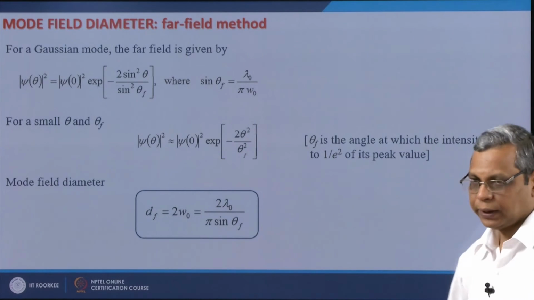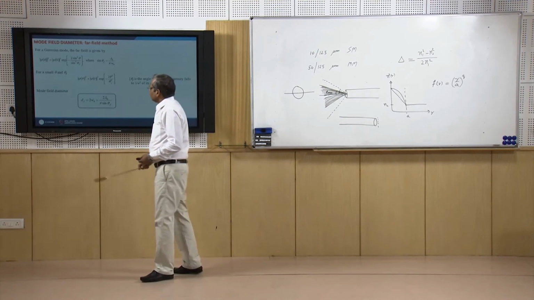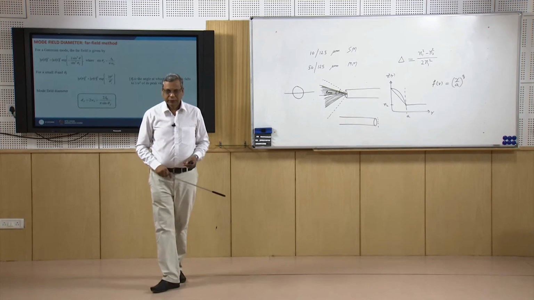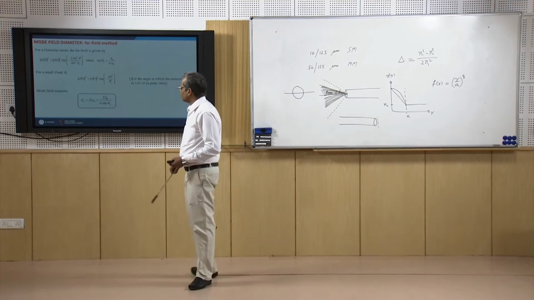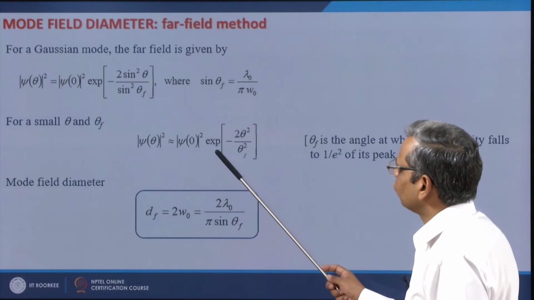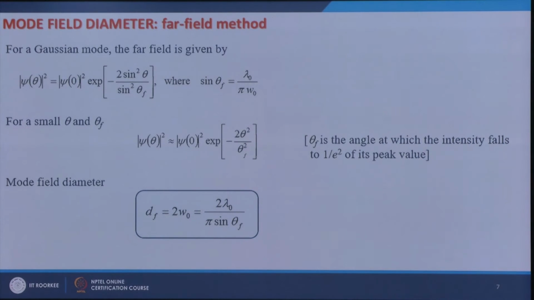This can be shown by diffraction of a Gaussian beam. Now, this theta and theta_f are very small, so I can approximate this by psi 0 squared exp(-2 theta² / theta_f²).